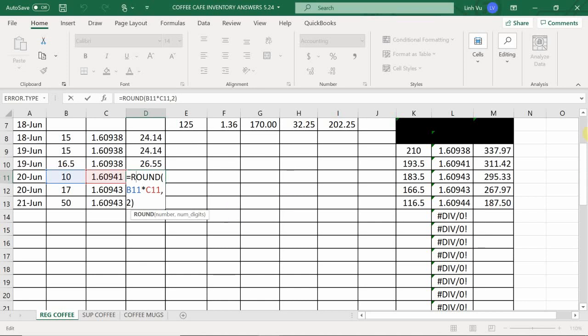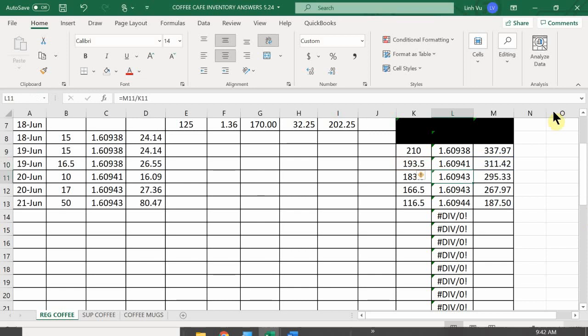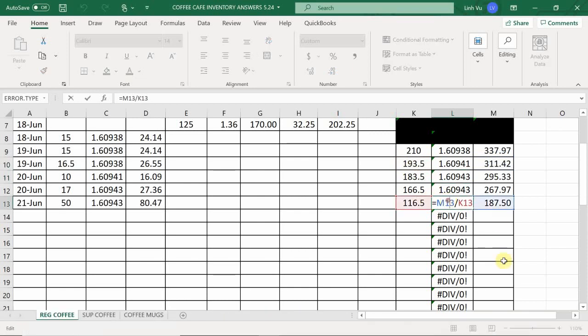I don't think I'm using L. L13, which is the 1.60944. When am I supposed to do the equal round? You're supposed to do the equal round in your cost of goods sold section.